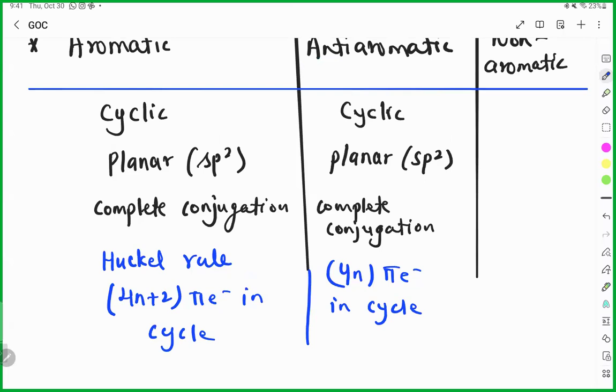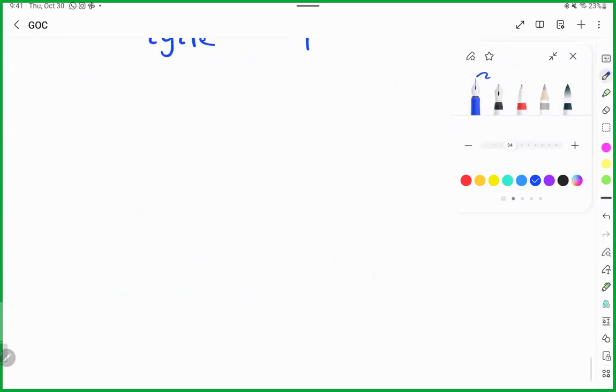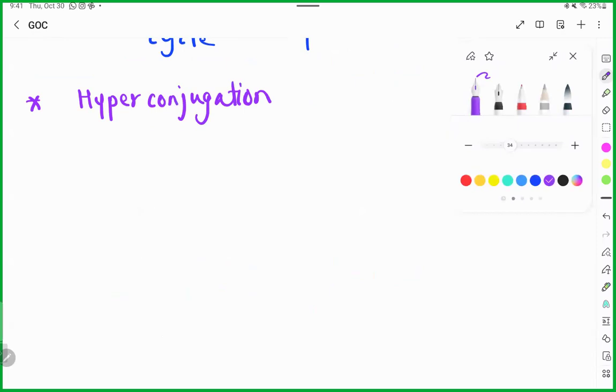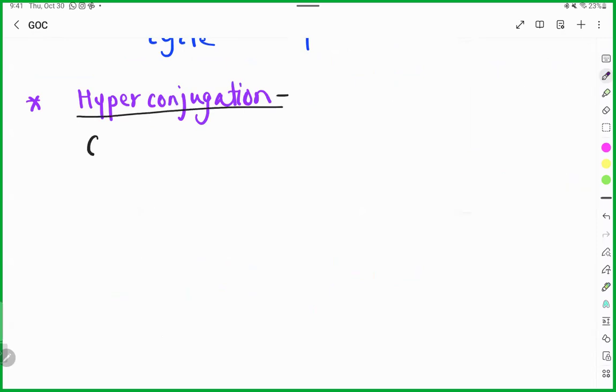And next is hyperconjugation, the third effect. What is the hyperconjugation effect? Complete transfer of sigma bond.